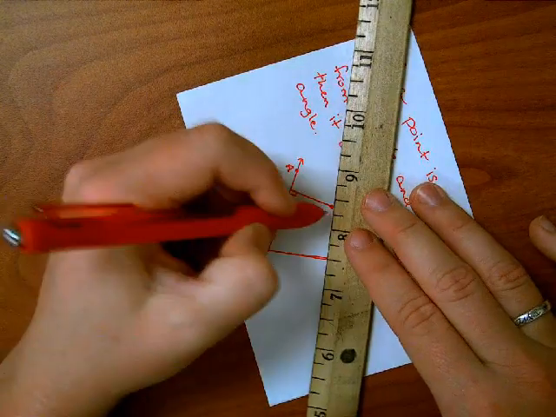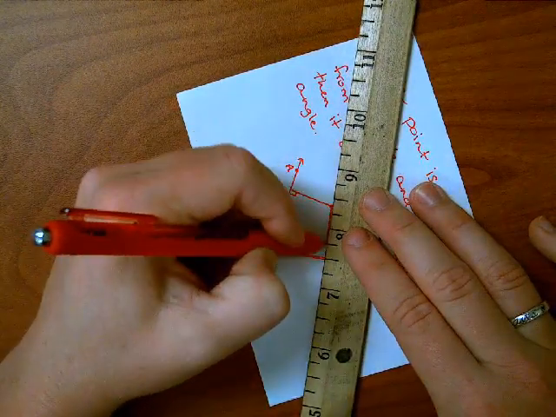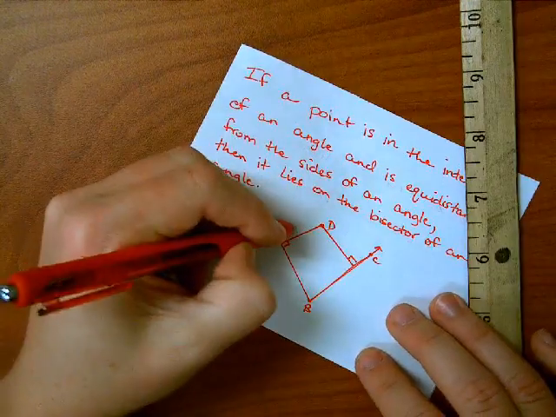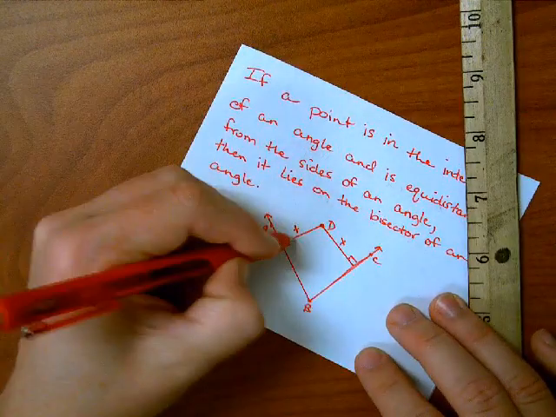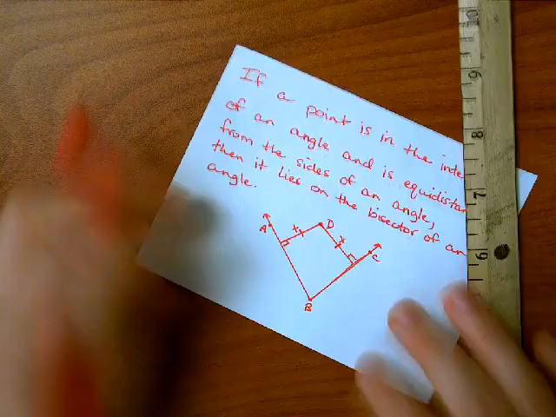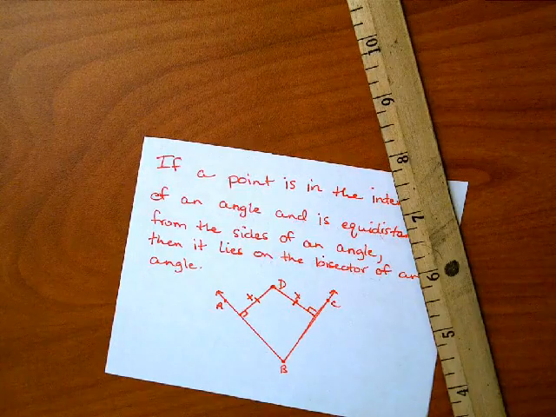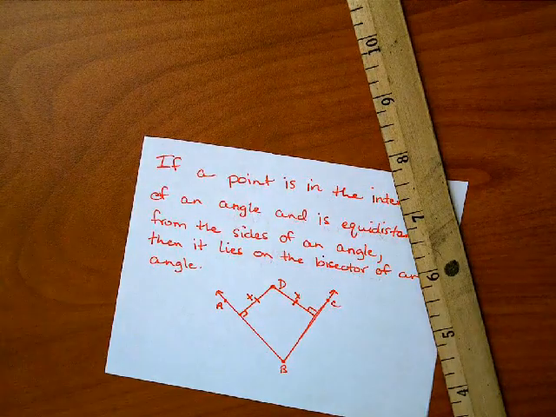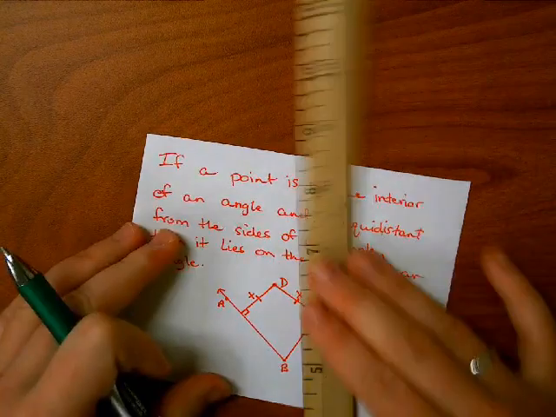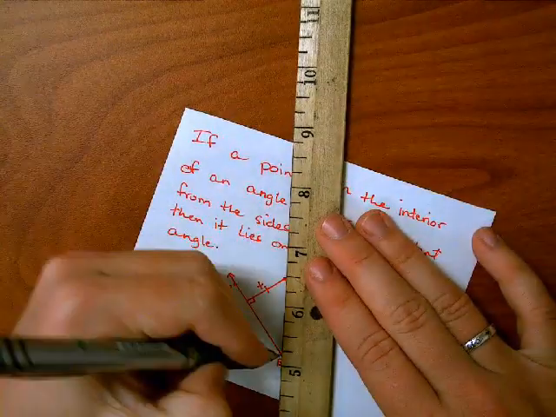So again, if we know that these distances are the same, then what we can infer, what we can conclude, is that D is on the angle bisector of this angle.